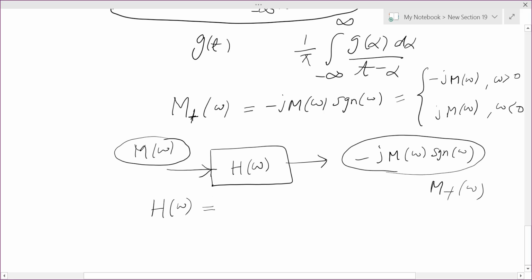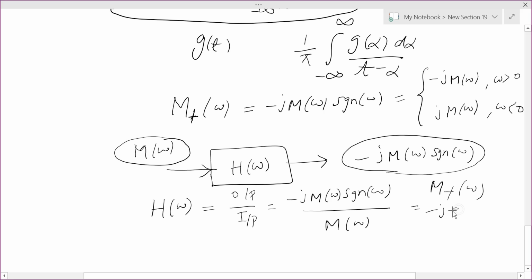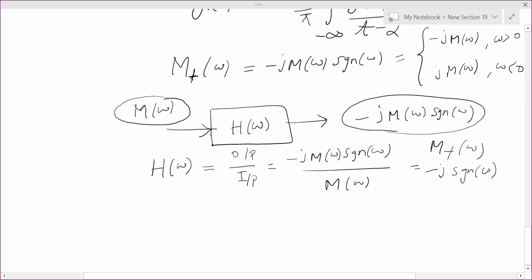You know that H of omega will be output by input, so this will be minus j M of omega signum of omega divided by M of omega, which is minus j signum of omega.